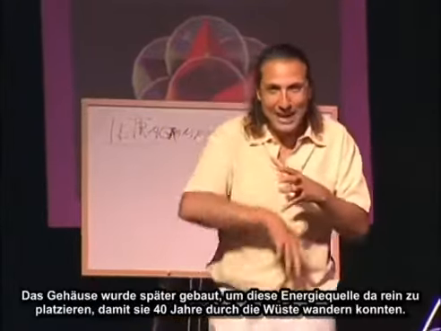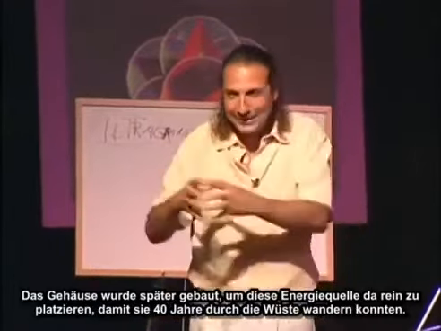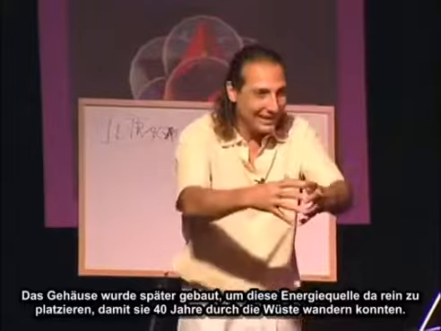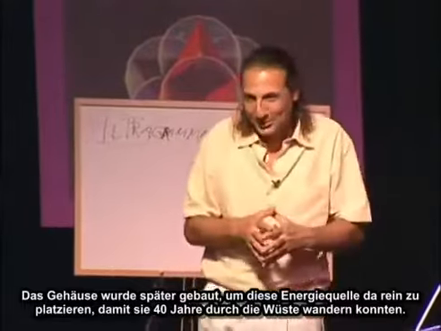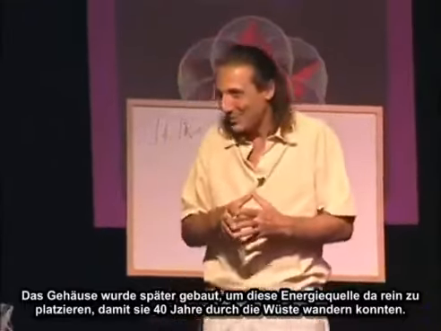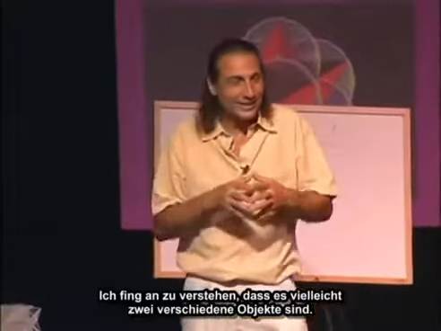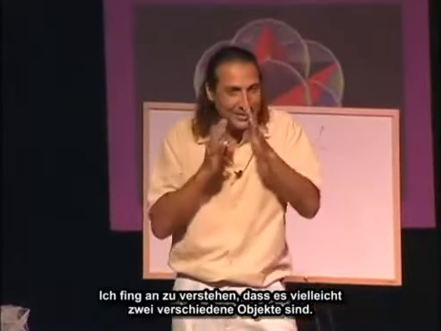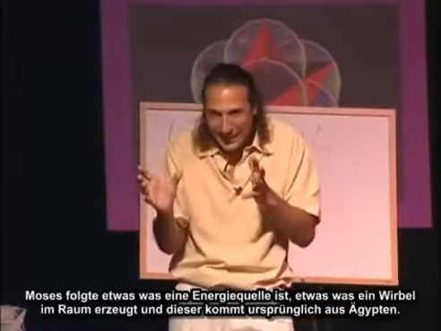The box was built afterwards to put that energy source in it so they could travel through 40 years in the desert. I started to think maybe these are two different objects.